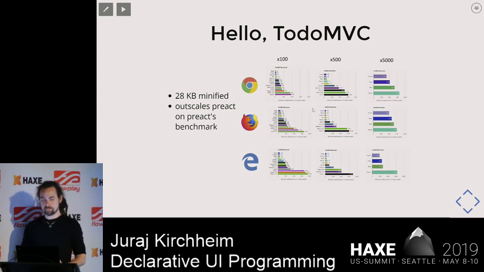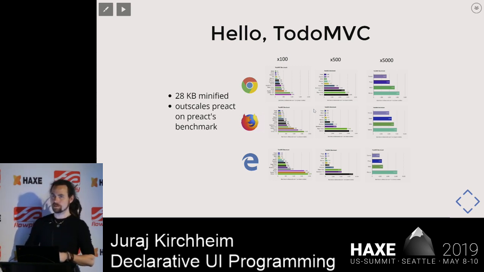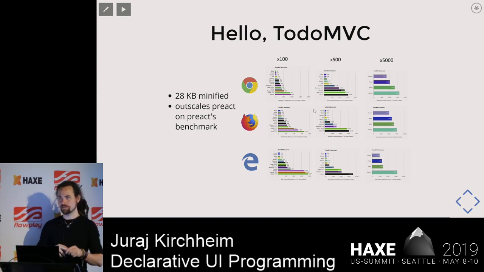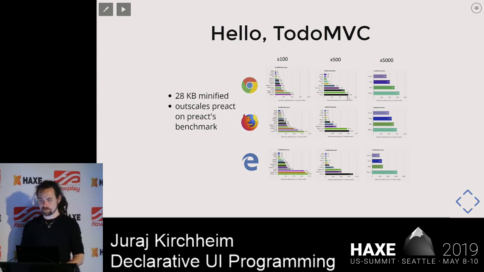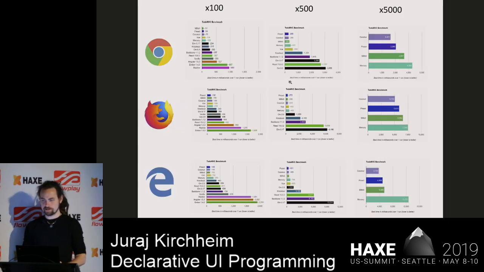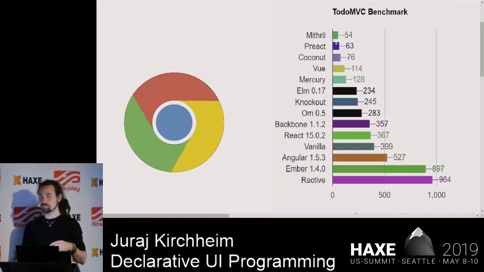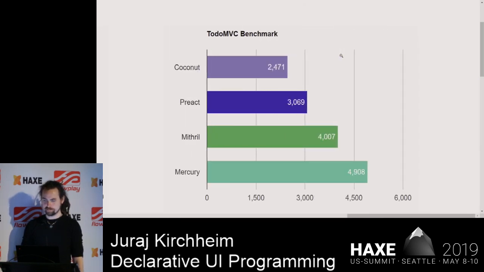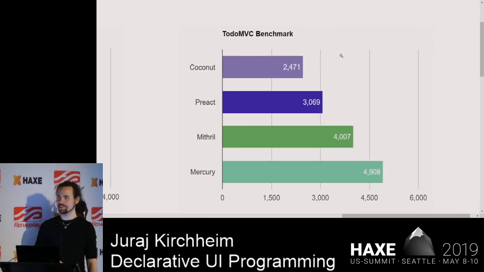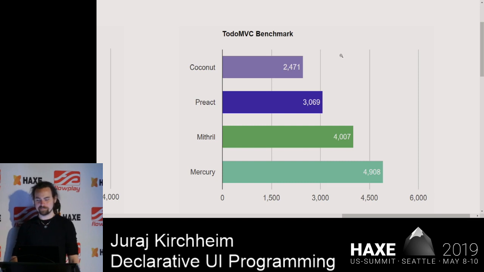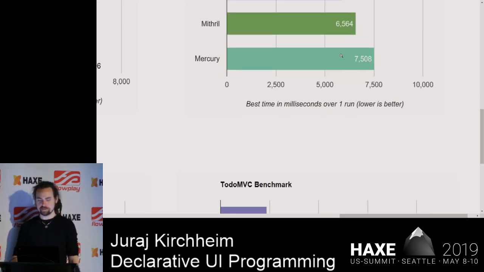And Preact, which is a mostly React compatible alternative to React, published a benchmark on how it's faster than React. So I took the benchmark and plugged in Coconut, and what came out is that for small to-do lists, it's not that fast, but if you put in 5,000 to-do items, then Coconut begins to outscale the thing. Even more so on Internet Explorer.